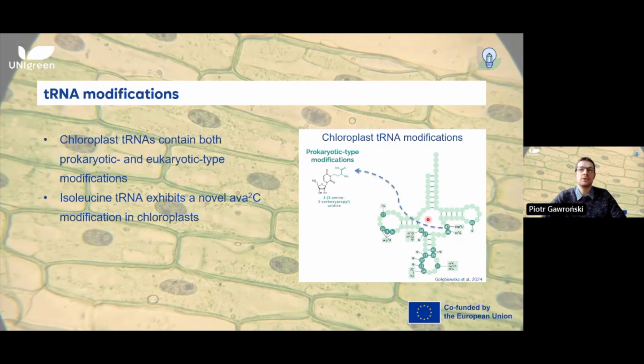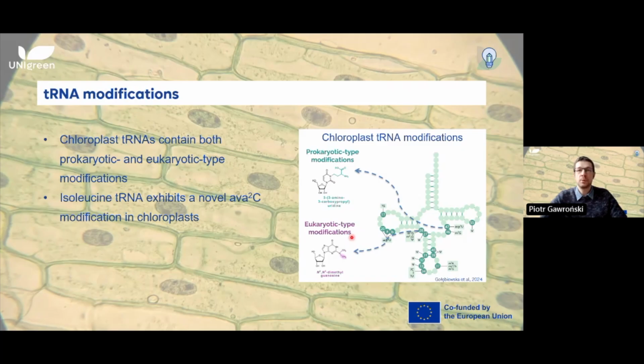This modification is not surprising because the chloroplast originated from prokaryotes, so prokaryotic type modifications are not surprising in chloroplast tRNA molecules. In contrast, the presence of eukaryotic-specific modifications, such as m22G at position 26, is more unexpected and may reflect the long coevolution of the chloroplast with its eukaryotic hosts.